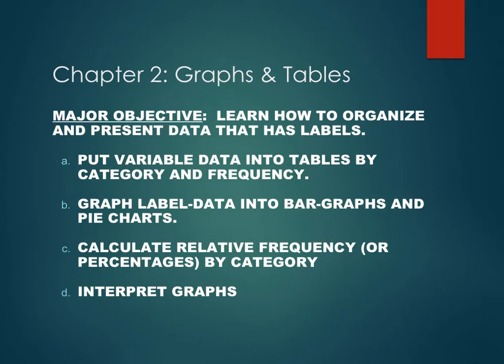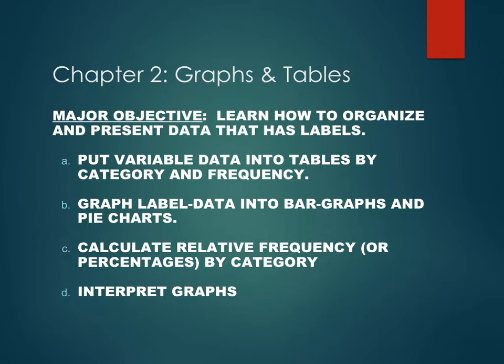So today we're going to be talking about Chapter 2, in particular Chapter 2.1, which will be discussing qualitative data. In Chapter 2, our major objective is to learn how to organize and present data that has labels.